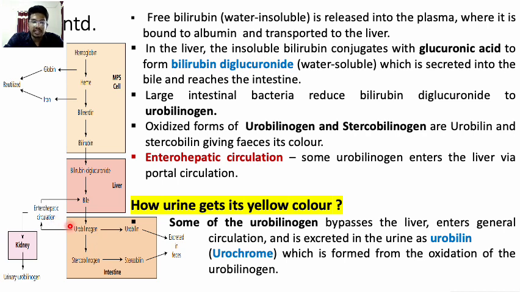A part of this enterohepatic circulation which escapes excretion will go to the general circulation, and thus it reaches the kidney. In the kidney, the urobilinogen that bypasses the portal circulation is oxidized to form urochrome or urobilin, which gives the typical yellow color to the urine.